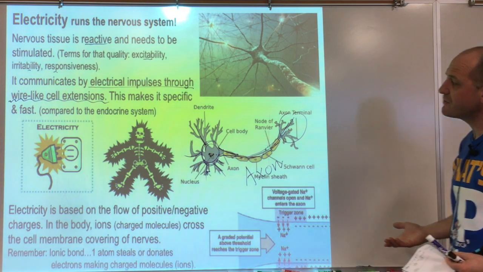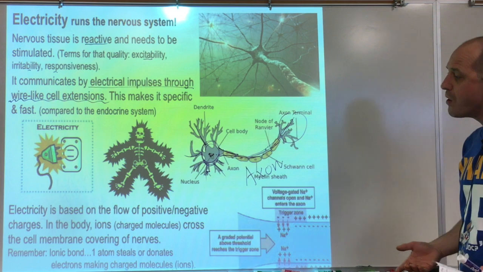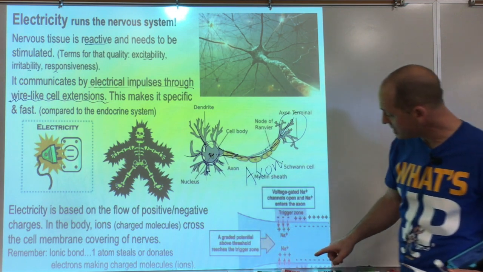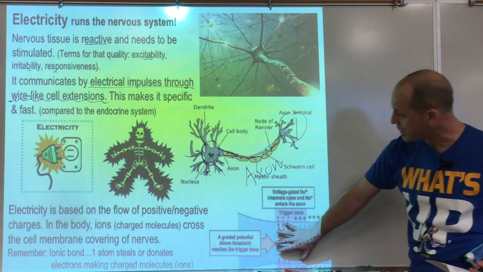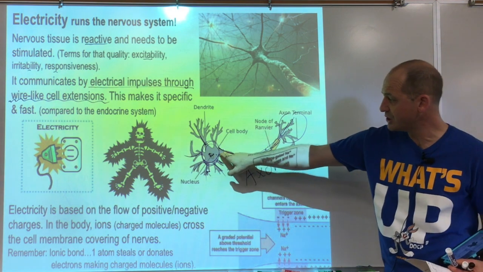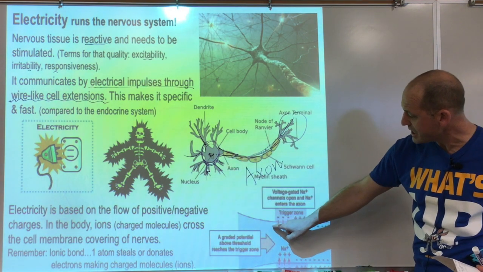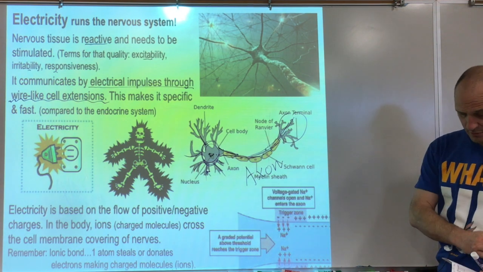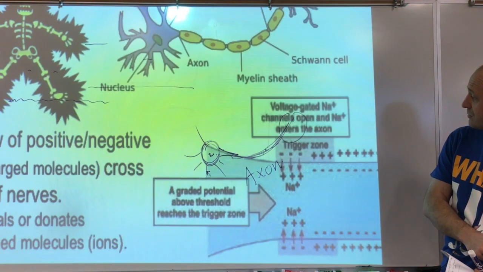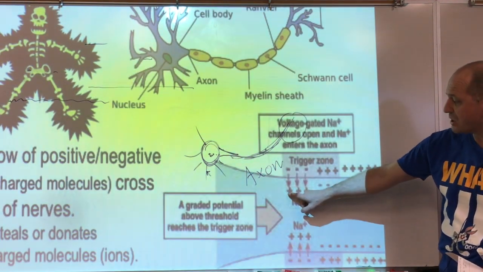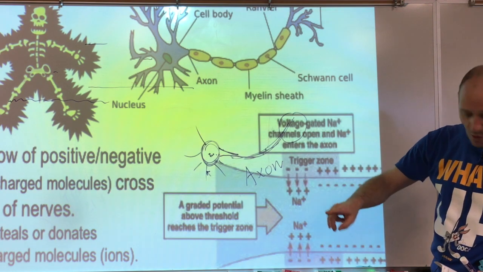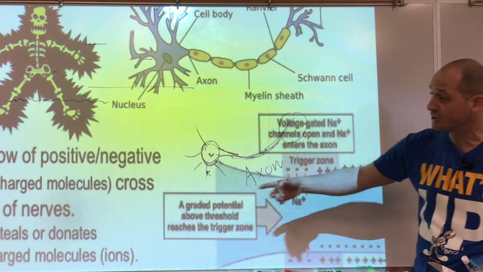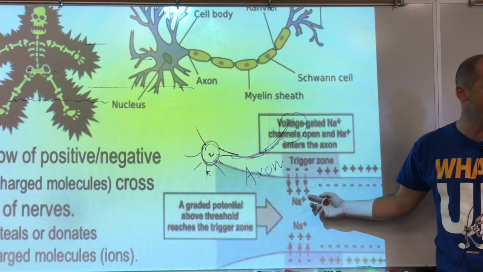So when we look at electricity, what is electricity? Electricity is the flow of positive and negative charges. This here is a picture of a tube-like structure, one of these cell extension things. Right on the inside you have positives, and on the outside you have negatives. The flow of electricity is the flow of those ions, the charged molecules. Here in the body, they are the ions. Remember ionic bonds?